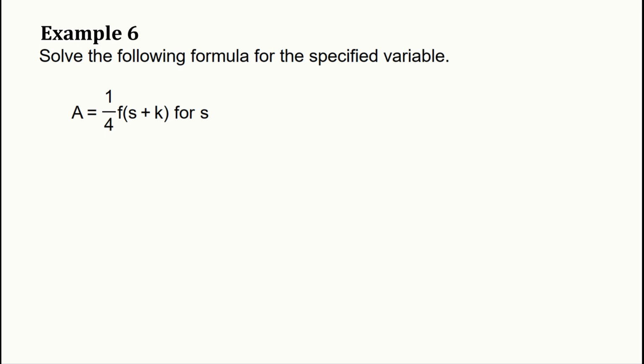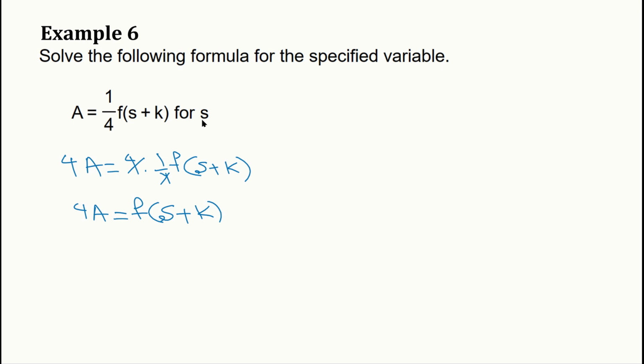So we end up with 4a equals 4 times 1/4 f times s plus k. So on the right side, we notice that the 4's will cancel. So now we have 4a equals f times s plus k.